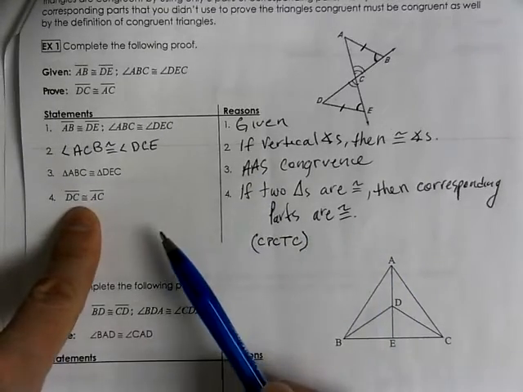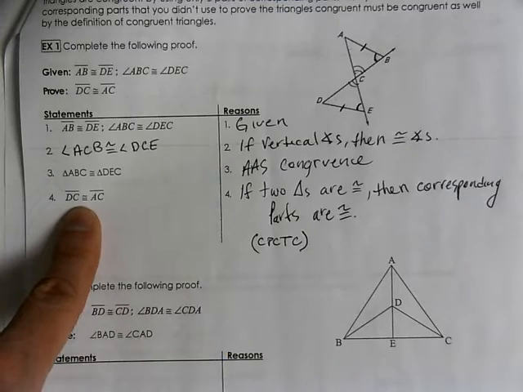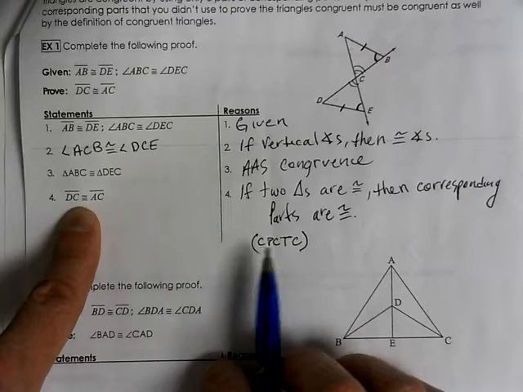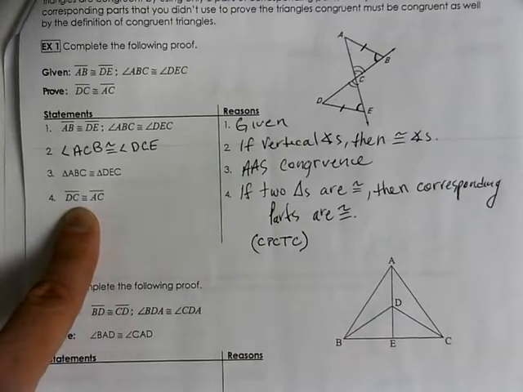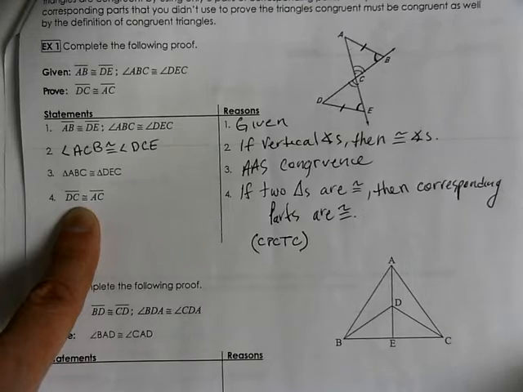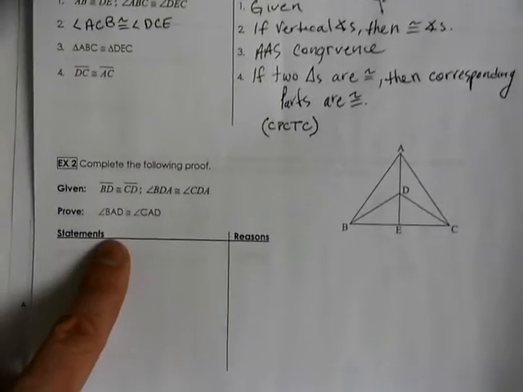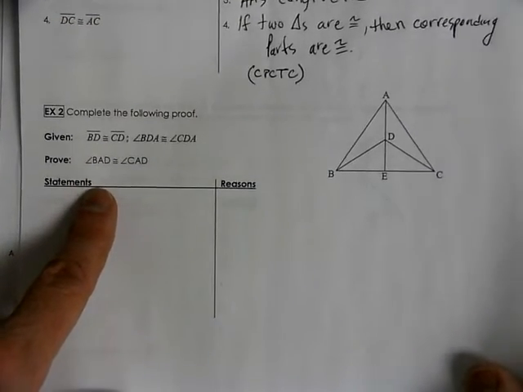So I think the if-then statement helps you create and continue the pattern we've been talking about. But if you use CPCTC, that would be just fine. All right, we'll slide up to our next one.